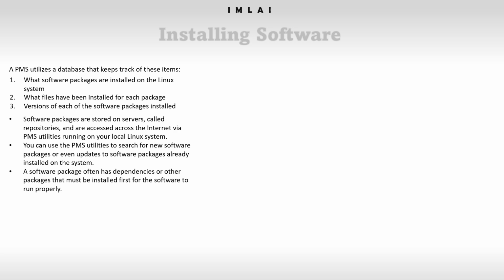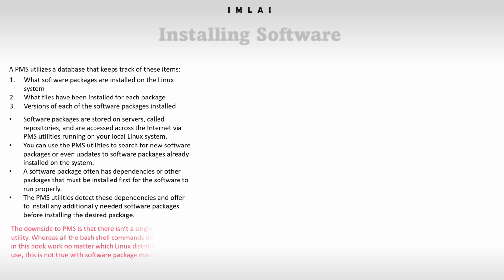Now, a software package often has dependencies, or other packages that must be installed first for the software to run properly. So the PMS utilities automatically detect these dependencies and offer to install any additionally needed software packages before installing the desired package.